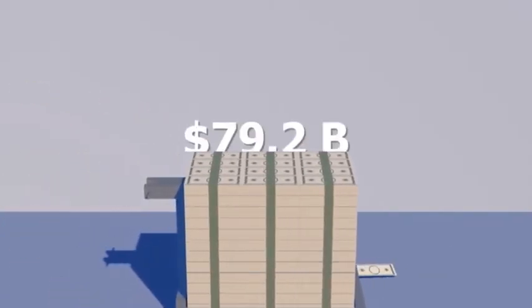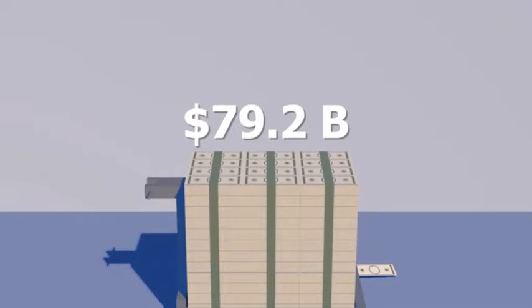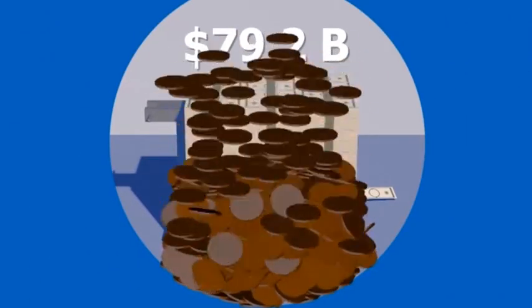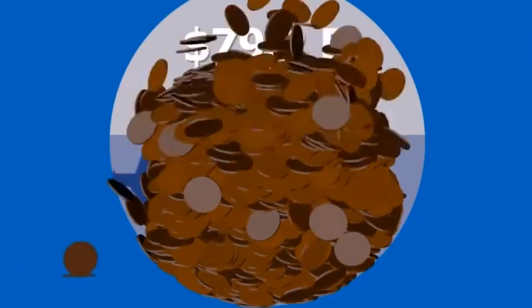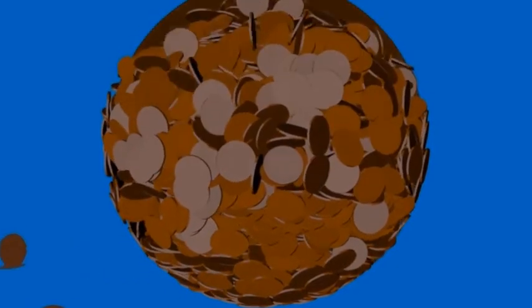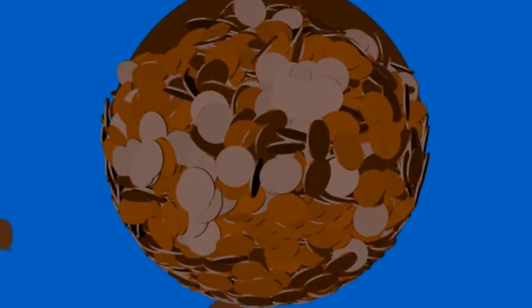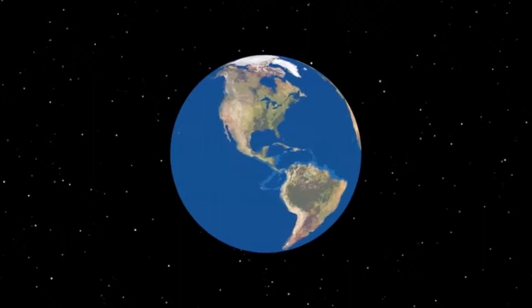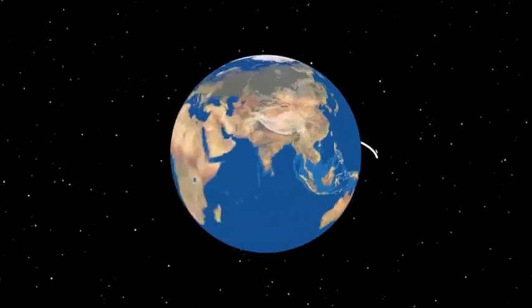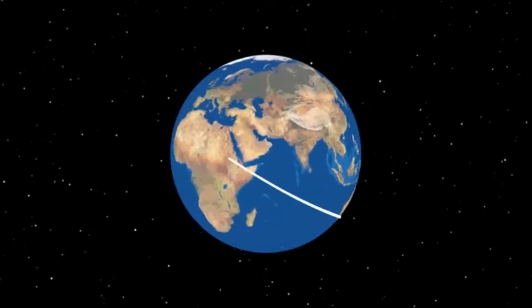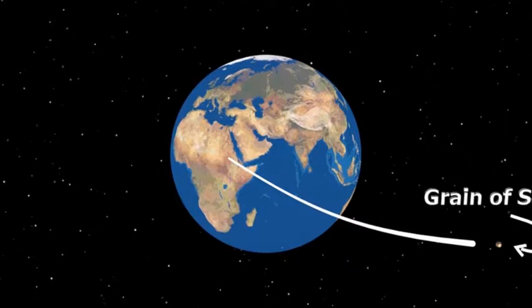If you took Bill Gates' $79.2 billion and turned it into pennies, the odds of you winning this game 36 times, playing every single day, are as likely as you and your 3 friends going and picking out that exact same penny. It was more likely that you and 2 friends picked the same grain of sand out of all the grains of sand in the entire world.